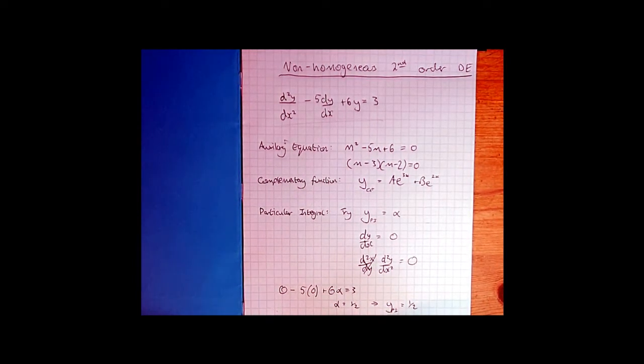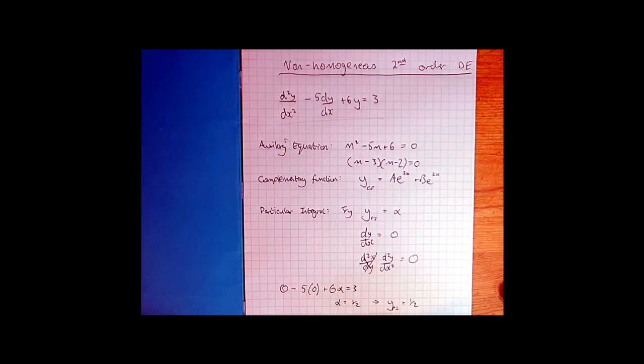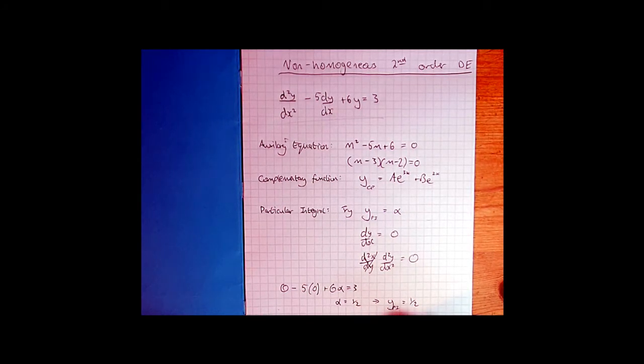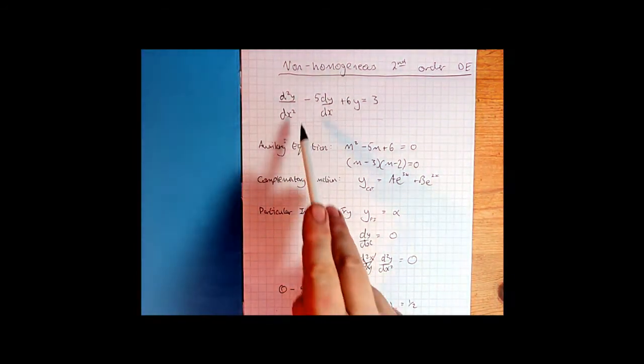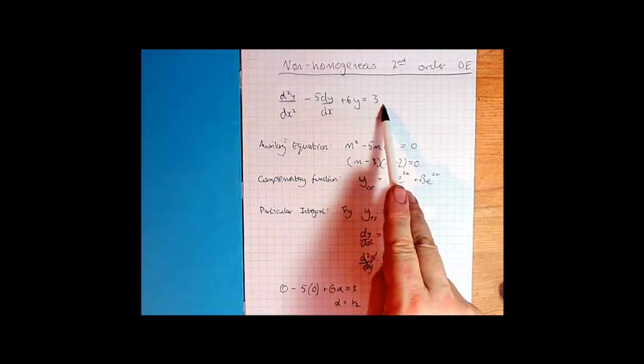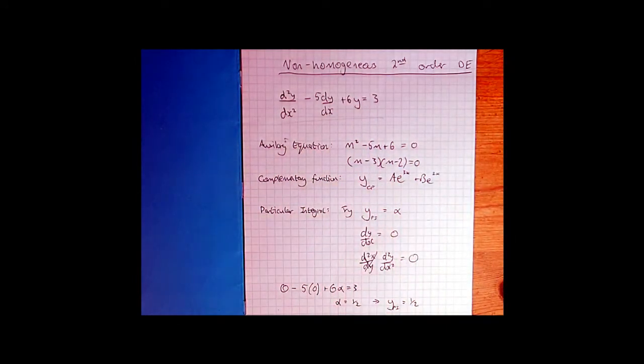So y is Ae to the 3x plus Be to the 2x plus a half. That's the general solution to this differential equation, and it's general because I still haven't found values of A and B. And of course, just like I do with linear equations, non-differential ones, I need values to sub in to find A and B, and that's the next section.